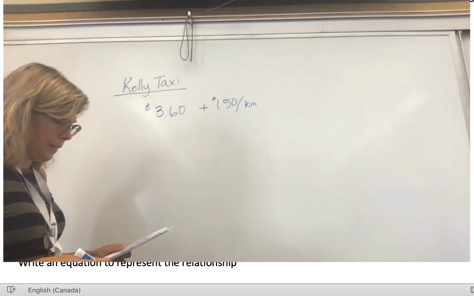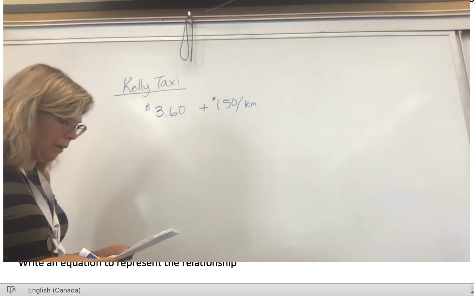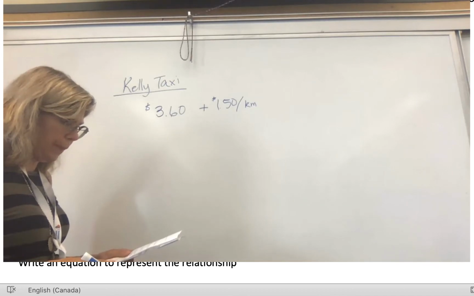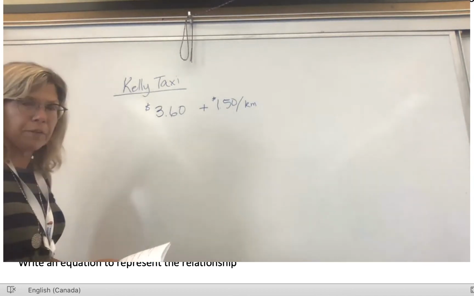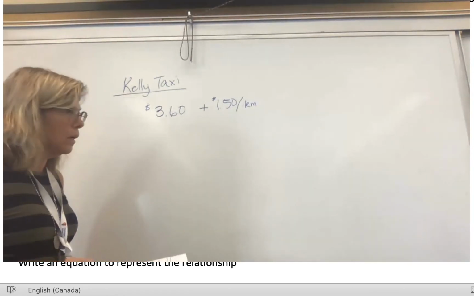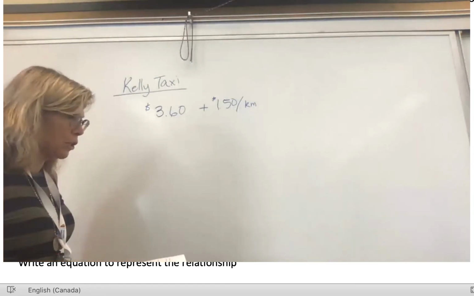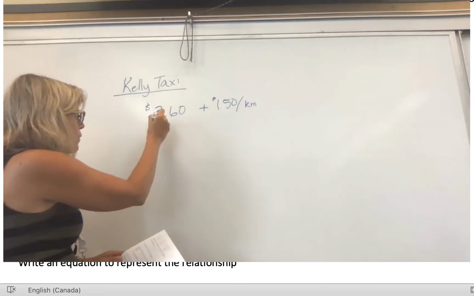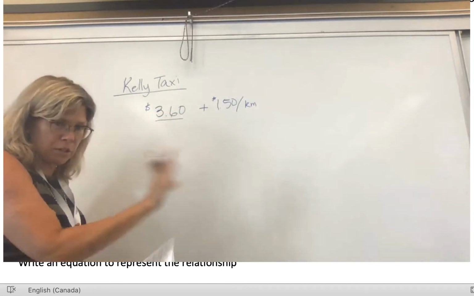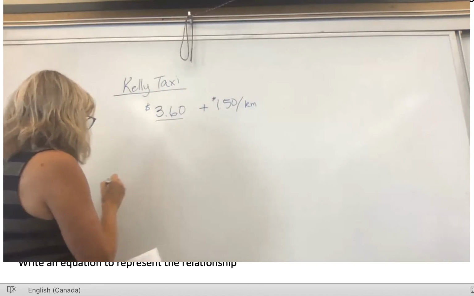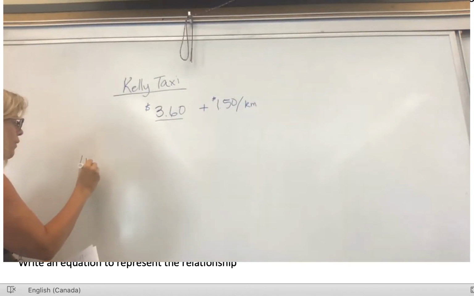And it says write an expression for the fare in terms of the fixed cost and the cost per kilometer. Okay, well, the fixed cost is only once. So like the 2 situation we had before where you added 2 each time, in this case we have just this 3.60. So this is like the 4 that was in the last equation. So it was 4 plus 2 and 4 plus 2 plus 2.